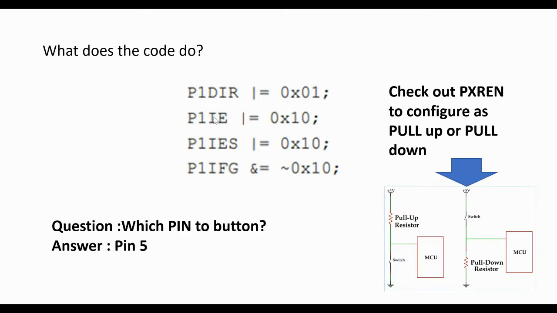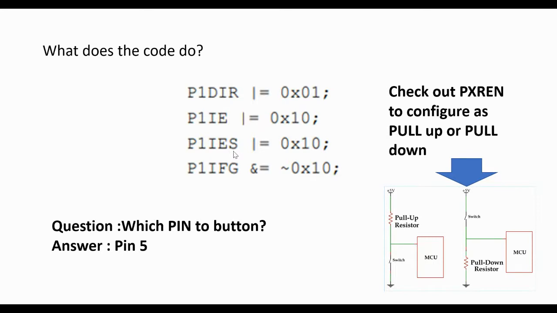All right. And similarly, this P1 interrupt enable, although you have a GIE, this interrupt enable lets you enable the interrupt for each individual pin. So if I change the value on that particular pin, it will enable the interrupt to happen.